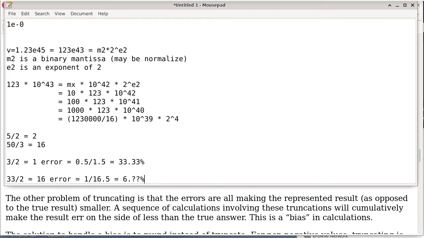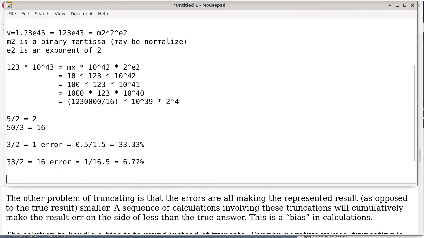Just to give you an even more extreme example, let's say we have 1001 divided by 2. The integer math is going to tell you it's 500. But what is the error? The error is 1 over 500.5, and I'm going to use this symbol to say approximately equal to. So it is approximately 1/5 of a percent, about 0.2%.